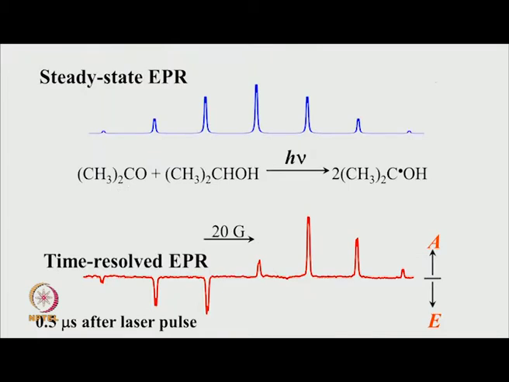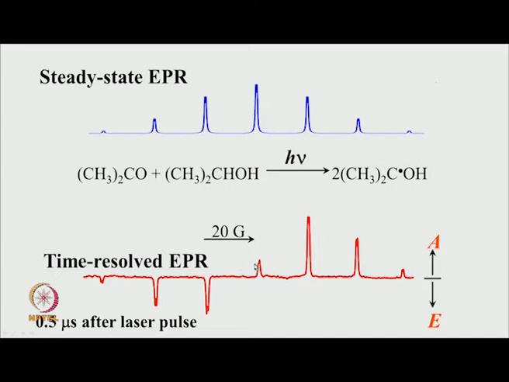Now, that is the comparison between the steady state EPR spectrum under continuous photolysis, and this is the time resolved EPR spectrum under a pulse laser light. The second one was recorded at a time 0.5 microsecond after the laser pulse, and one can see that the line positions are matching perfectly well.